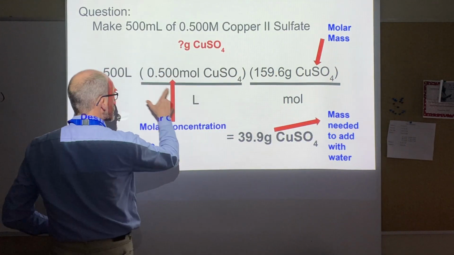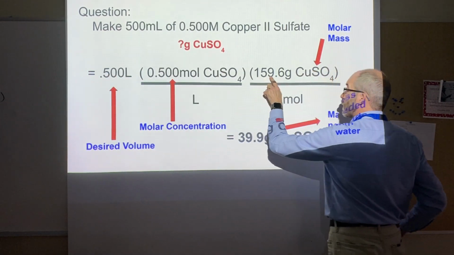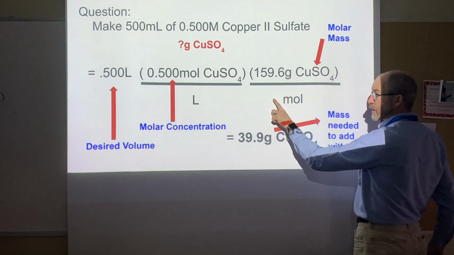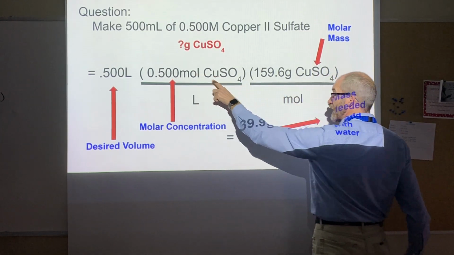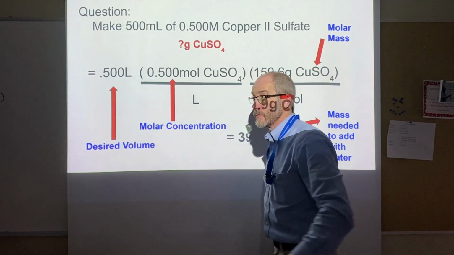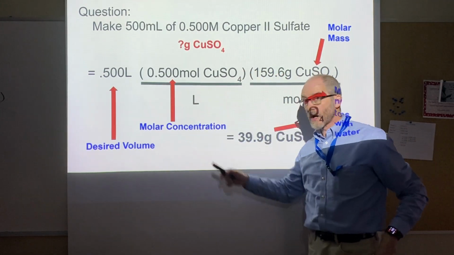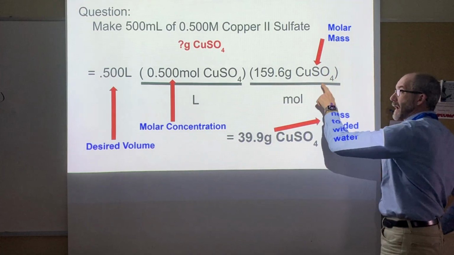We know that liters need to cancel out. This is the molar mass of copper sulfate, so that's really 1 mole of copper sulfate. That's going to cancel out. So I'm going to multiply my desired volume times my desired molar concentration times the molar mass.